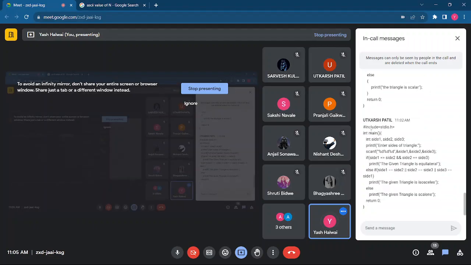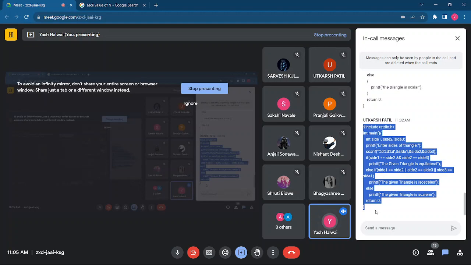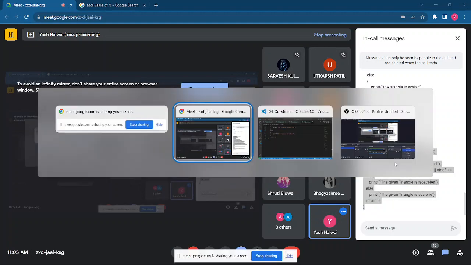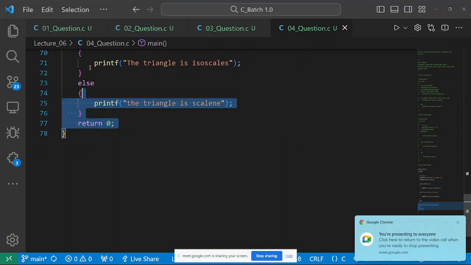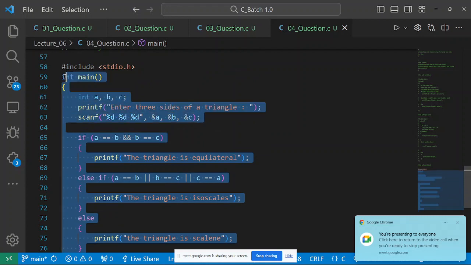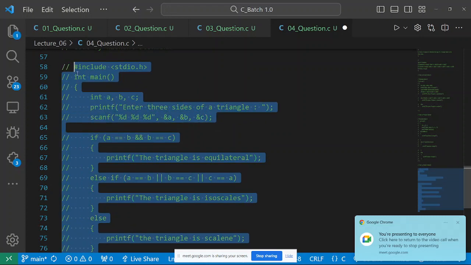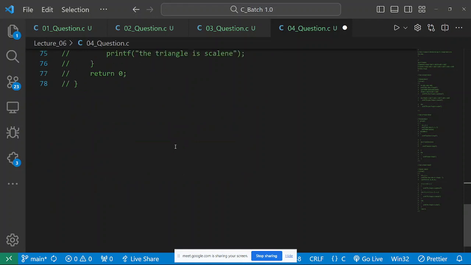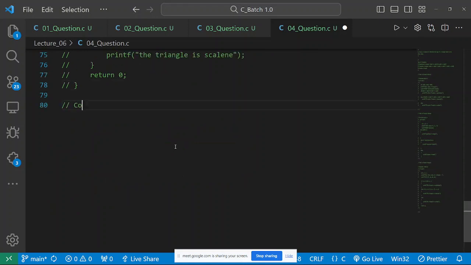Utkarsh's code, and this is the last code I will be copying. Code by Utkarsh Patil.